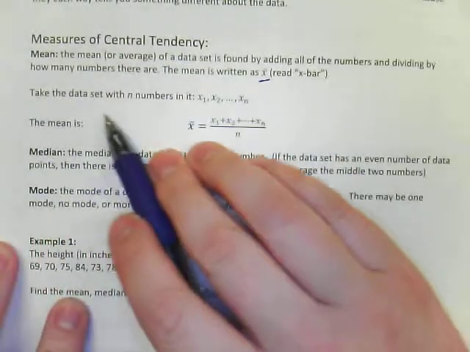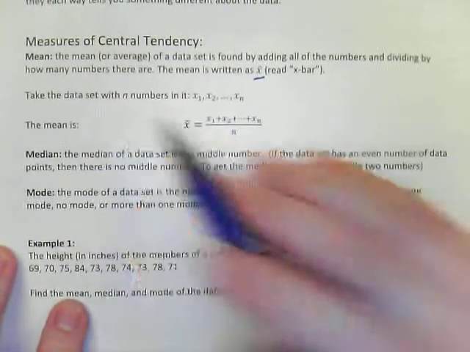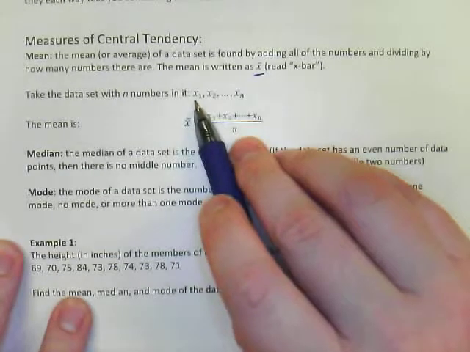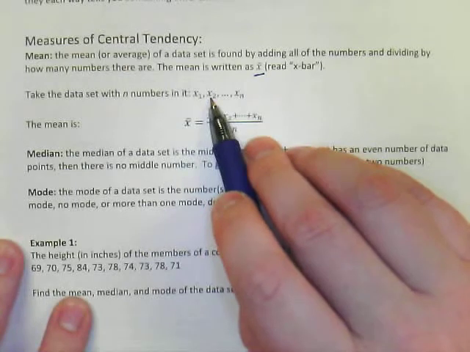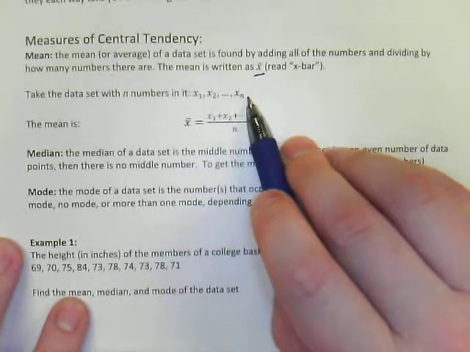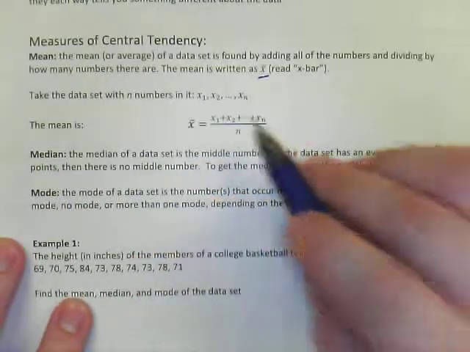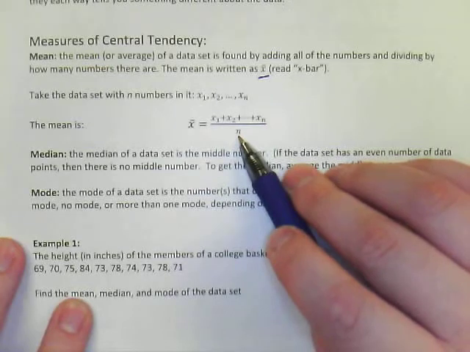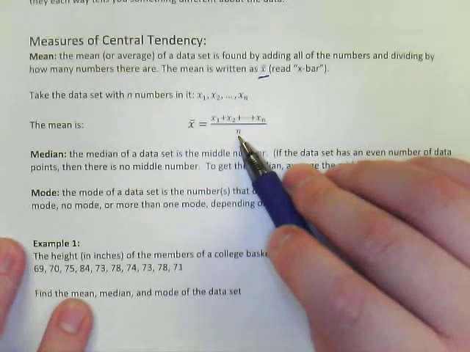So if we take a data set with n numbers in it, call it n because we don't know how many numbers are in a generalized data set, we'll say we've got the first value, the second value, and however many values up to the last value, which we'll call the nth value. The average is going to be adding all of those up and dividing by the number of numbers that you have.